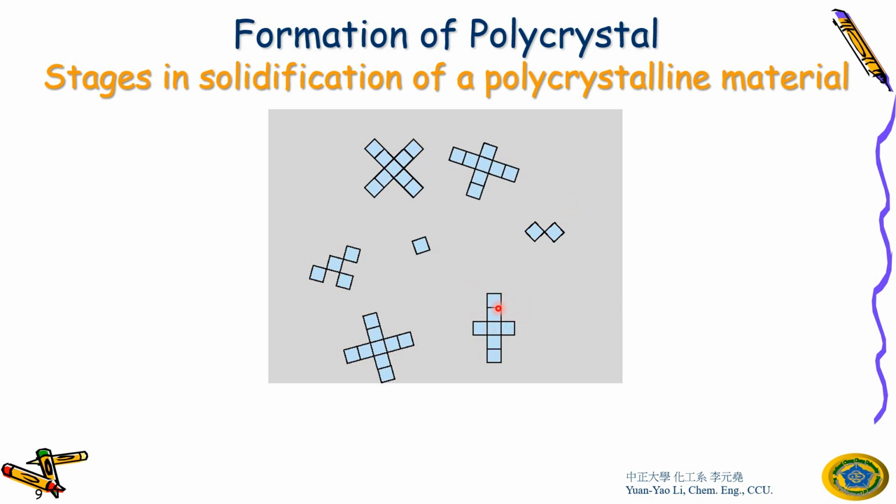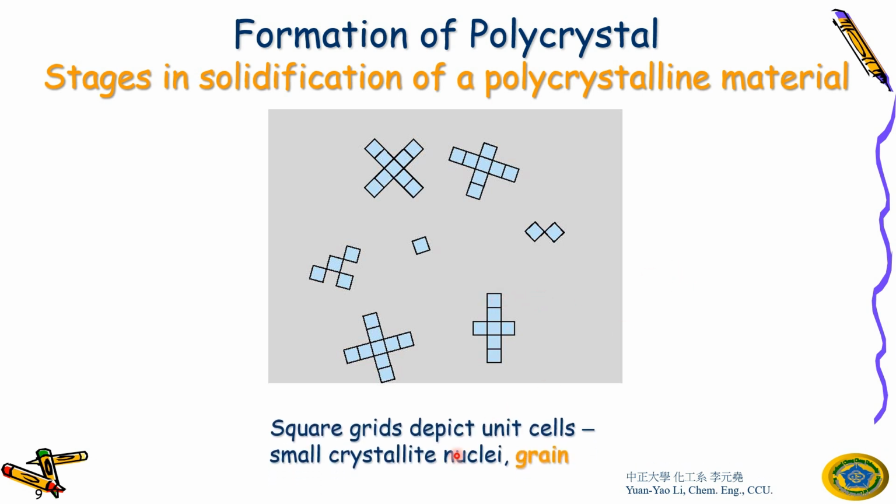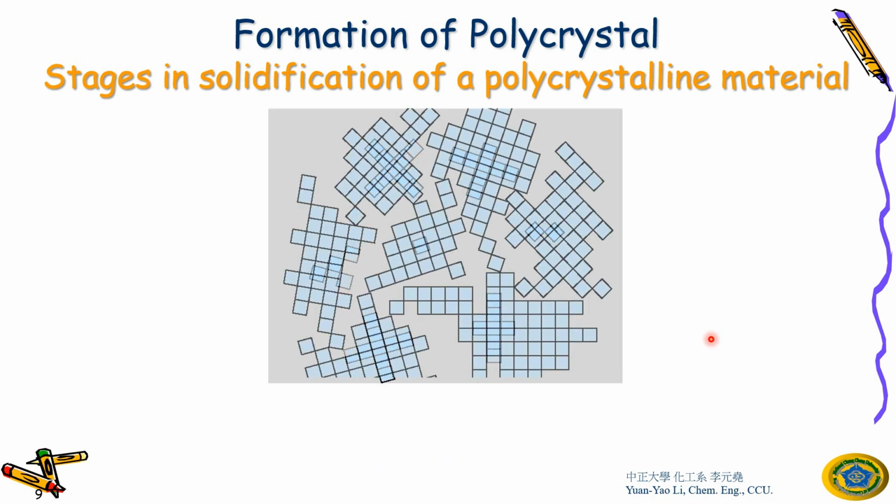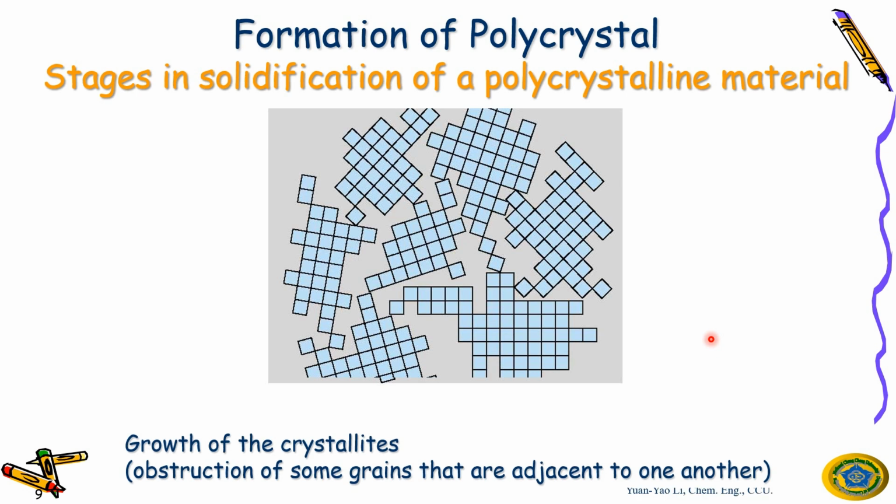One square here represents a very small crystal, or you can regard it as a single unit cell. The squares depict unit cells, small crystalline nuclei, which we call grains, okay? And if you reduce the temperature, there are more and more, and the crystals become bigger and bigger. This is what we call growth of the crystallines.